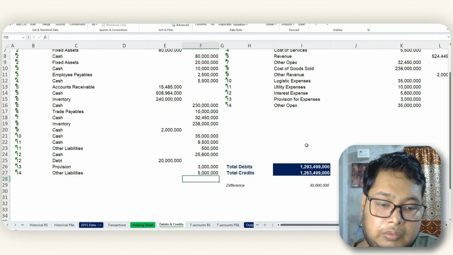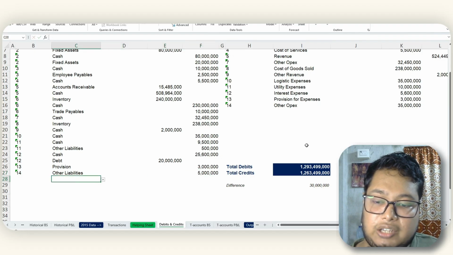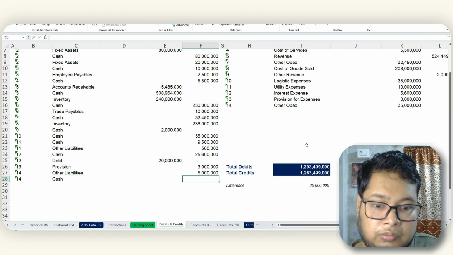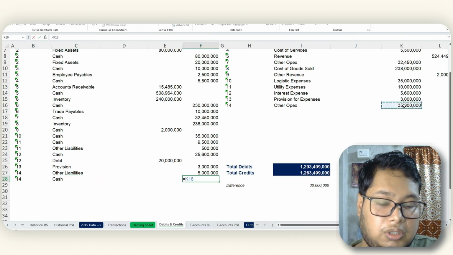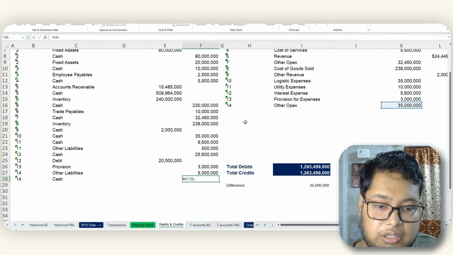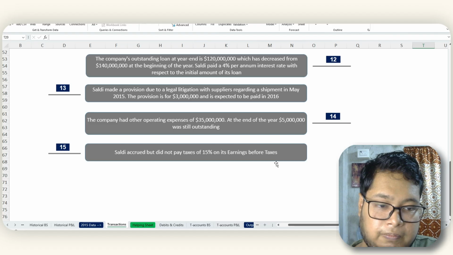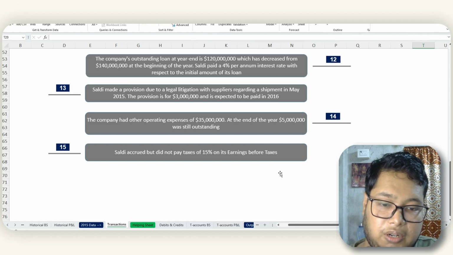And the remaining has been paid in cash, obviously, equals to this minus this. Yeah, our account is still in balance. So yeah, 35 and $5 million registered.